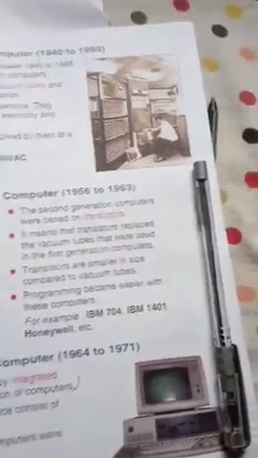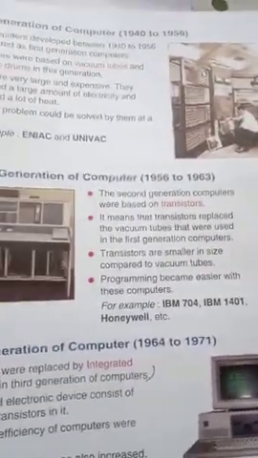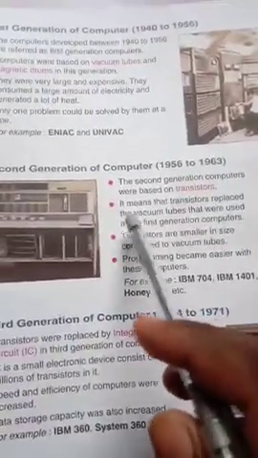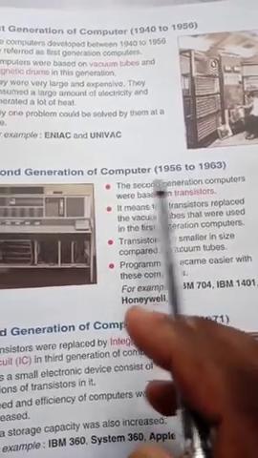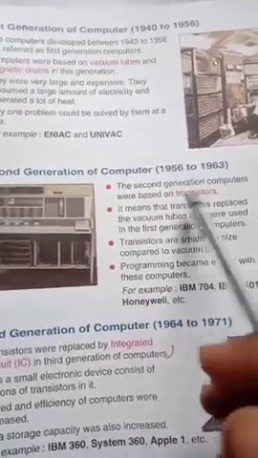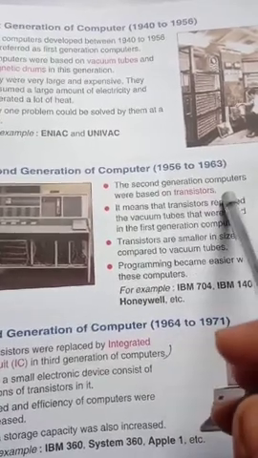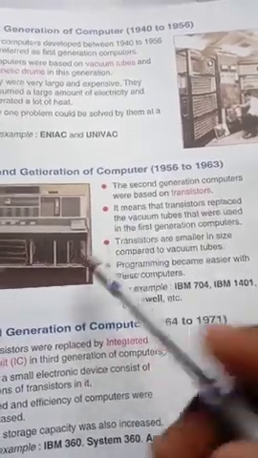And the main feature of the second generation computers was that they used transistors in place of vacuum tubes.